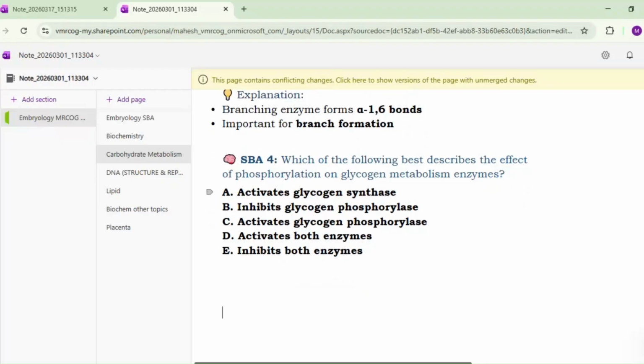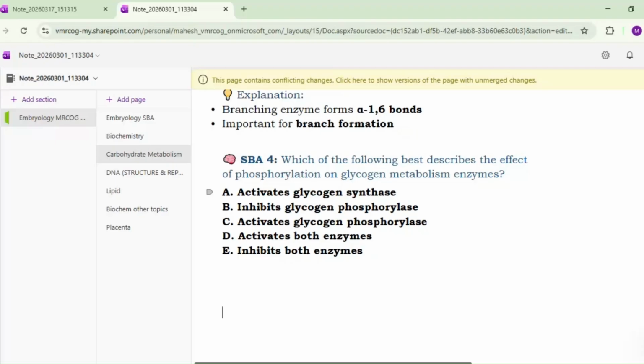Next. Which of the following best describes the effect of phosphorylation on glycogen metabolism enzymes? Activates glycogen synthase, inhibits glycogen phosphorylase, activates glycogen phosphorylase, activates both enzymes, inhibits both enzymes.